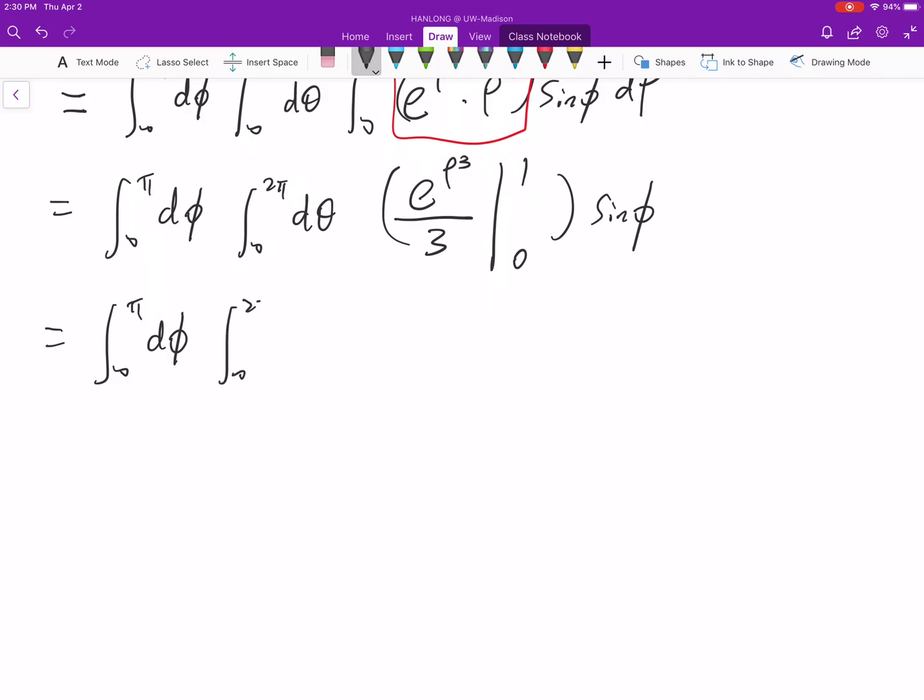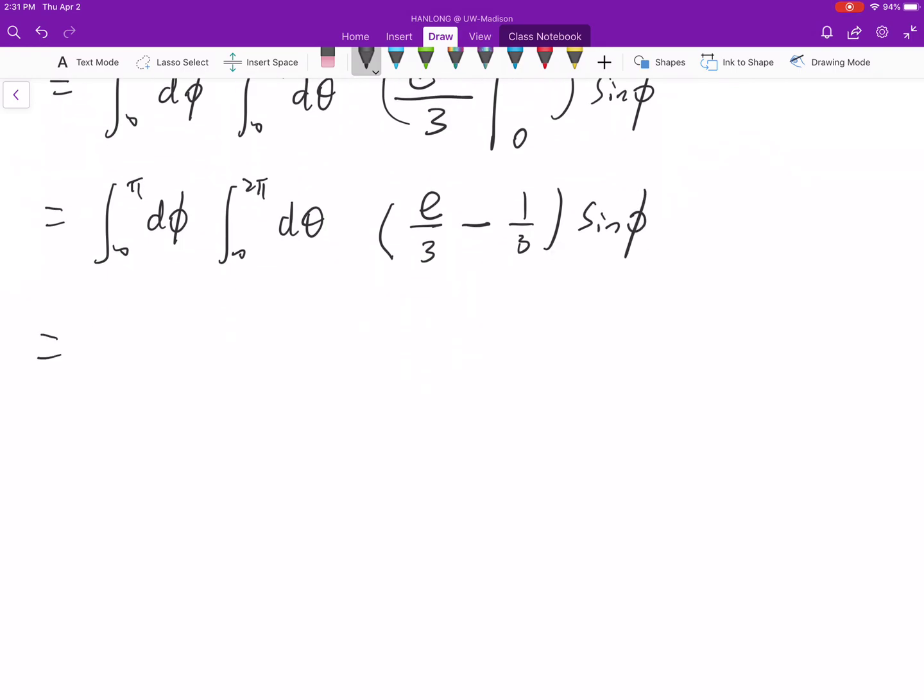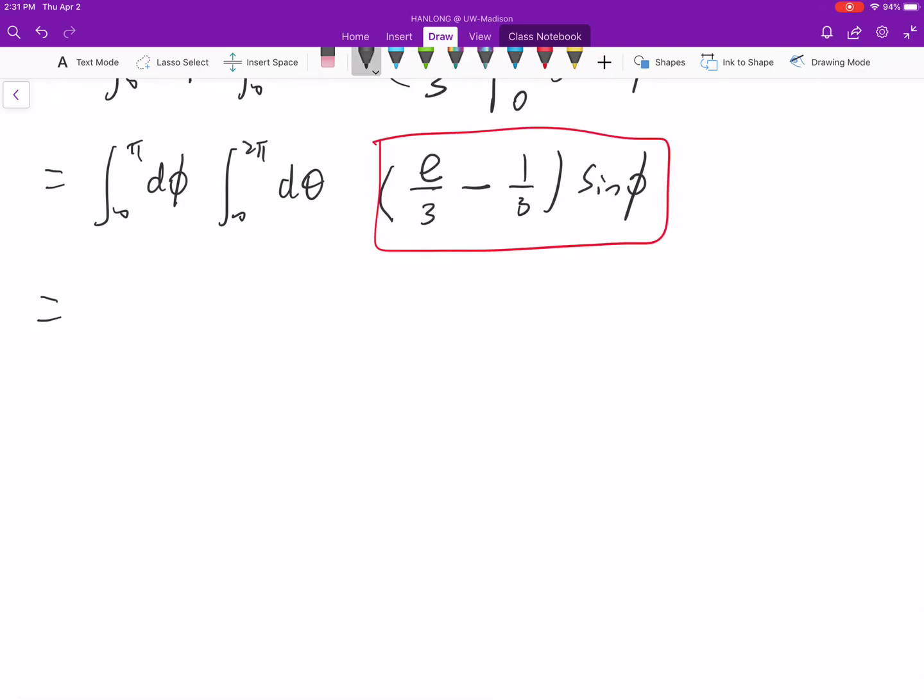And then you will have (e over 3 minus one over 3) sine phi. Since this is a constant function with respect to theta, you can integrate in the following way: sine phi times 2 pi.